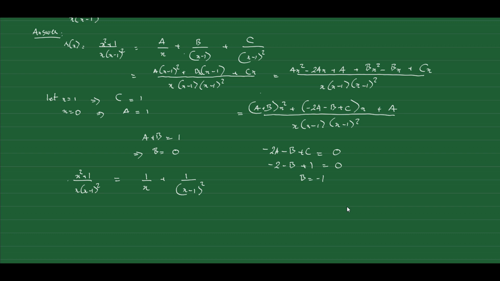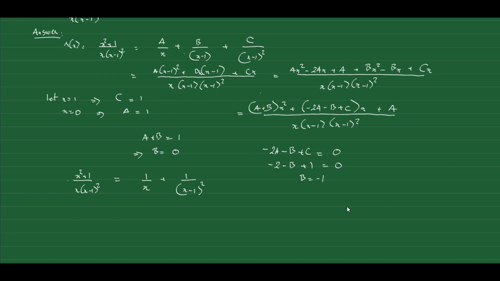I have x minus 1. I have bx. We have x minus 1 squared, x minus 1. And over here you have x. I just want to check if everything is okay. Looks like everything is good.